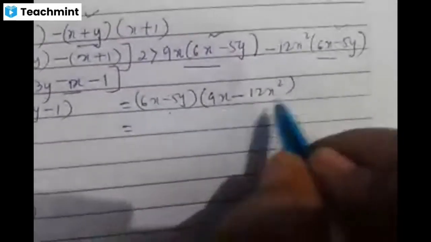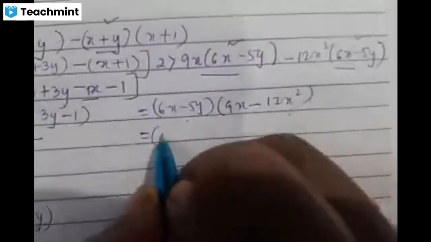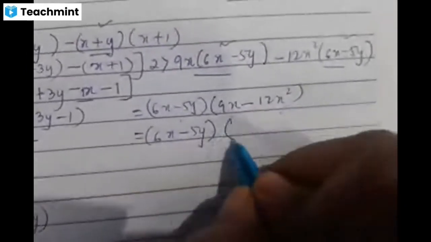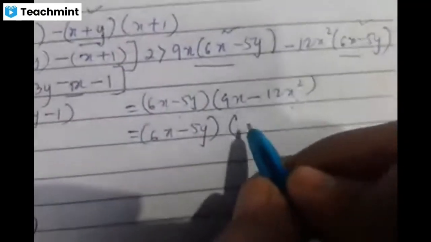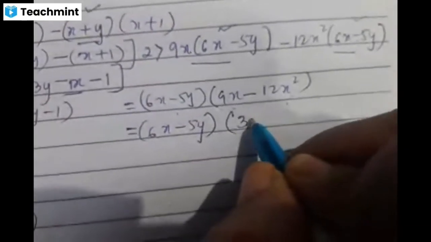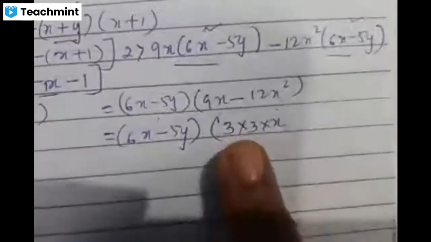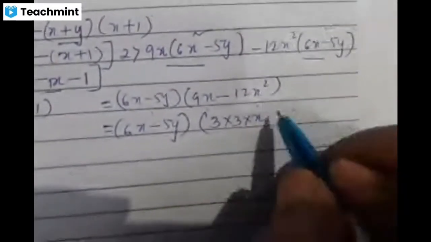This will not be the final answer, children, because you can observe inside the brackets there are some common terms. How will we know? So 9x and minus 12x square means, let me write in terms of 3 table, children. 3 3s are 9 into x. See what I have done here? 9x I have written as 3 into 3 into x. 3 3s are 9 into x is 9x.